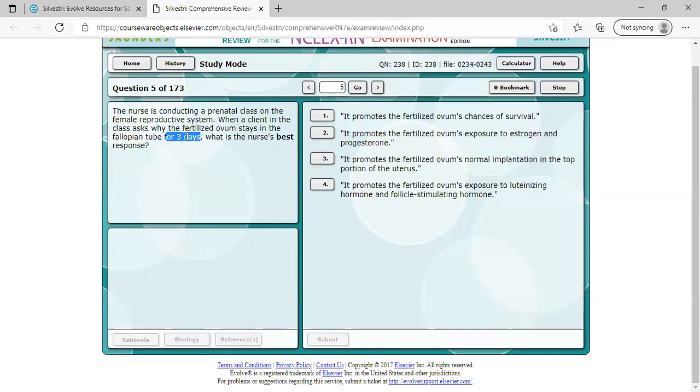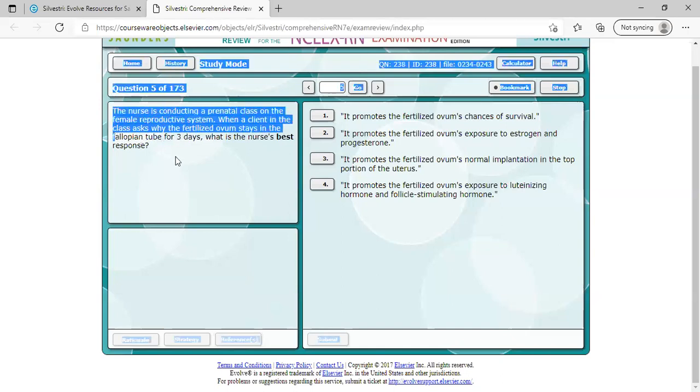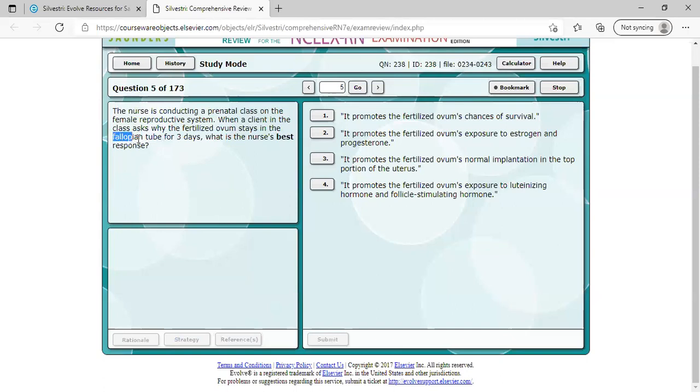For 3 days, the zygote is supposed to stay in the fallopian tube. After 3 days, it will be implanted in the uterus to continue the pregnancy. If it continues in the fallopian tube, we call it an ectopic pregnancy, and ectopic pregnancy is a medical emergency. So the examiner is asking why the fertilized ovum or zygote has to stay in the fallopian tube for 3 days, right?